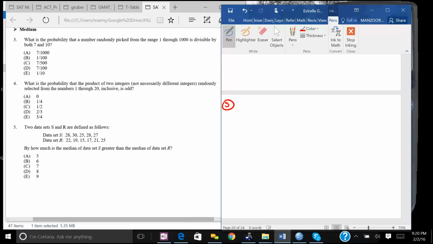Well, you forgot the meaning of median and mean. Mean is average.